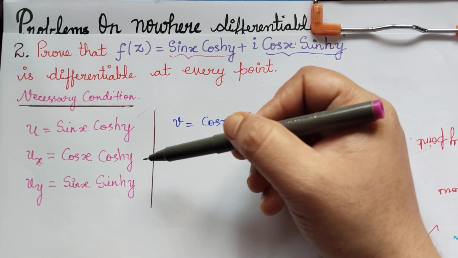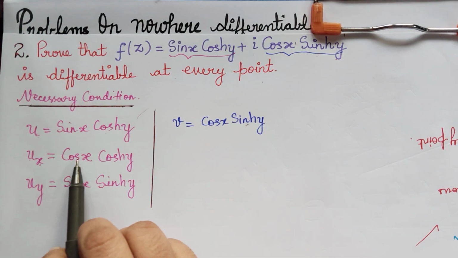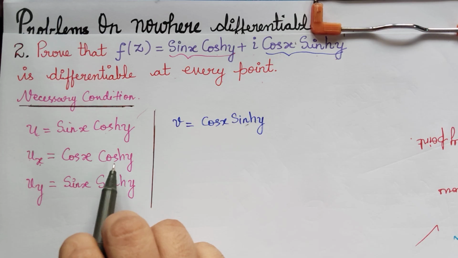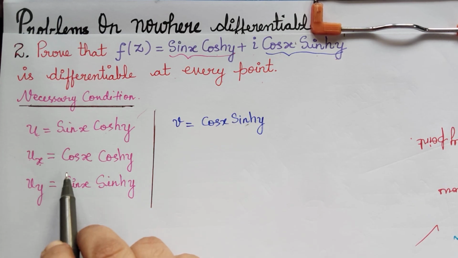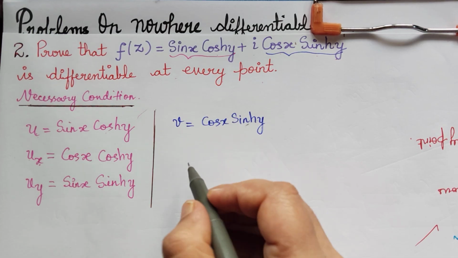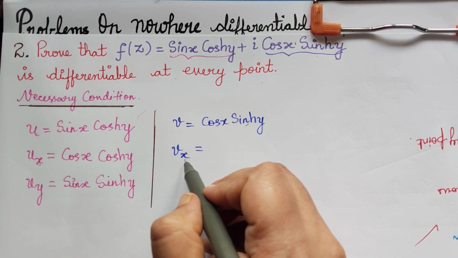Usually students confuse in that. Only when cos x is differentiated, we get minus sin x, whereas for hyperbolic functions we don't get the negative sign that we get for a trigonometric function. So remember this.